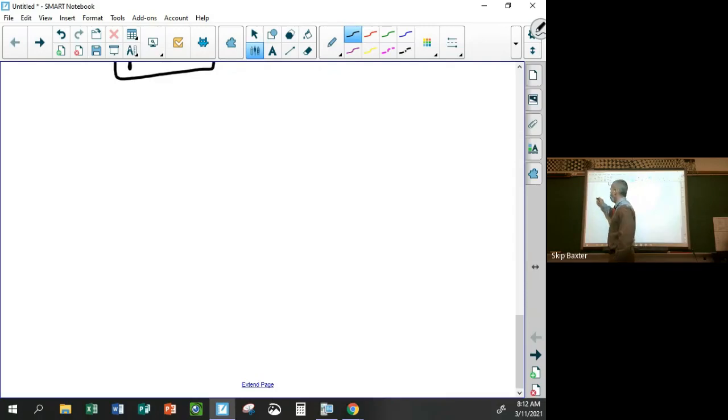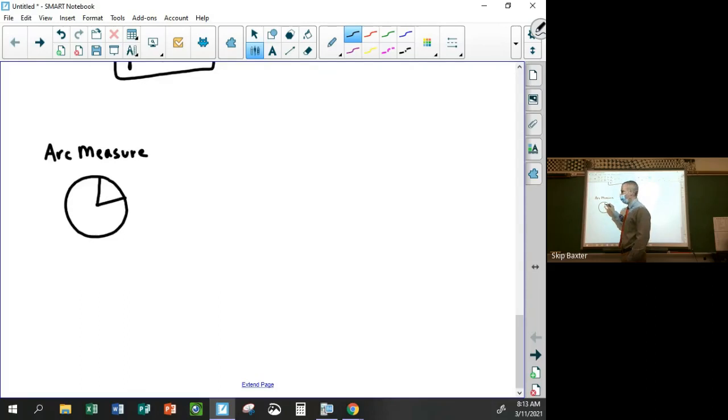So we had arc formulas, and this is going to be on Google Classroom today too. We had arc measure. So there were two formulas that dealt with that. If you have a central angle, like this, a central angle equals the measure of its arc, right?